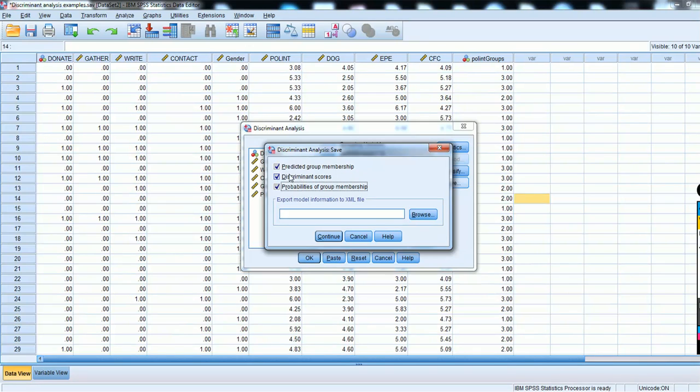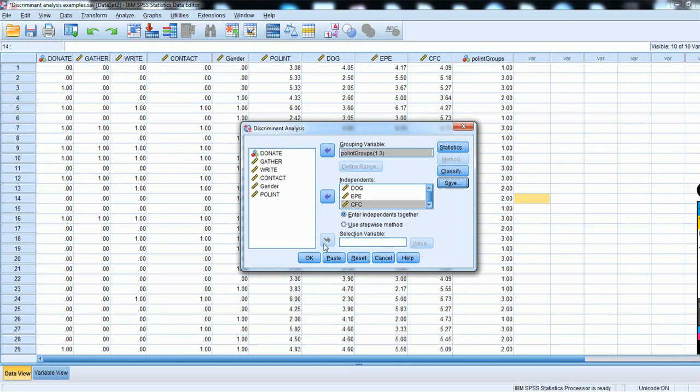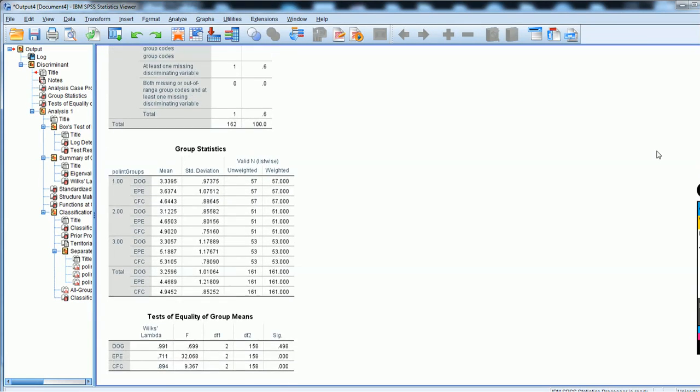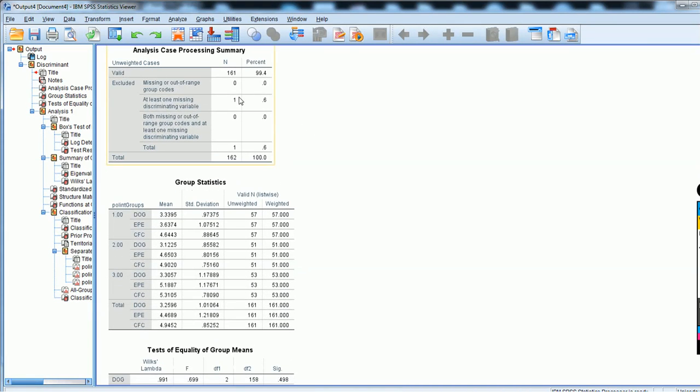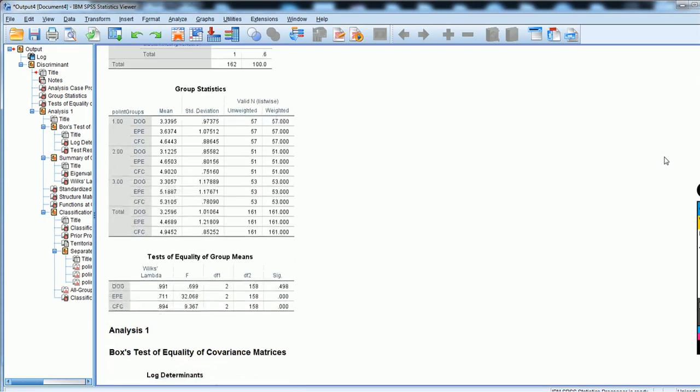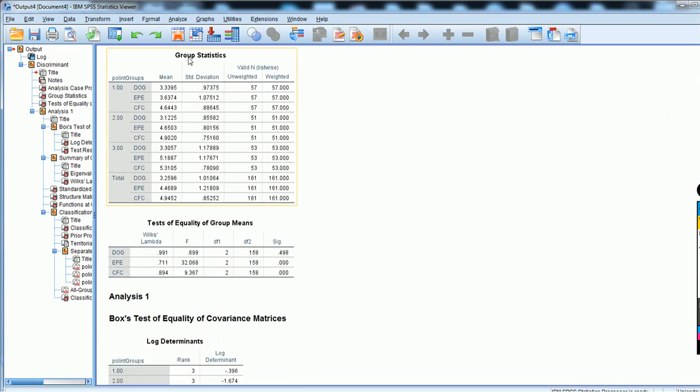So anyway, we can take a look at what this looks like when we run our analysis. At this point, I'm going to click on OK. And what we can see right here, we had 161 valid cases for our analysis, and when we scroll down, you can see we've got our group statistics.